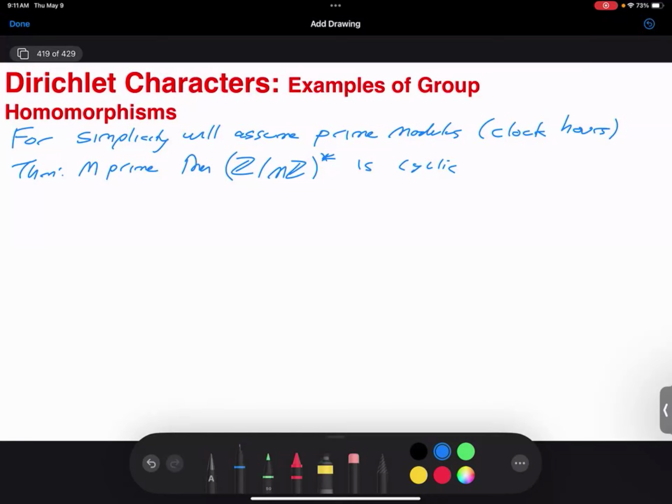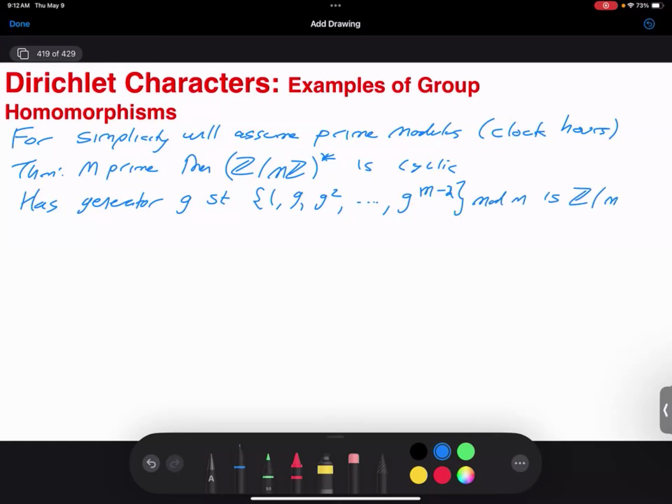It means there is some generator G such that 1, G, G squared, ..., G to the M minus 2 (since G to the M minus 1 is going to be 1) mod M is the same as (Z mod MZ)*.